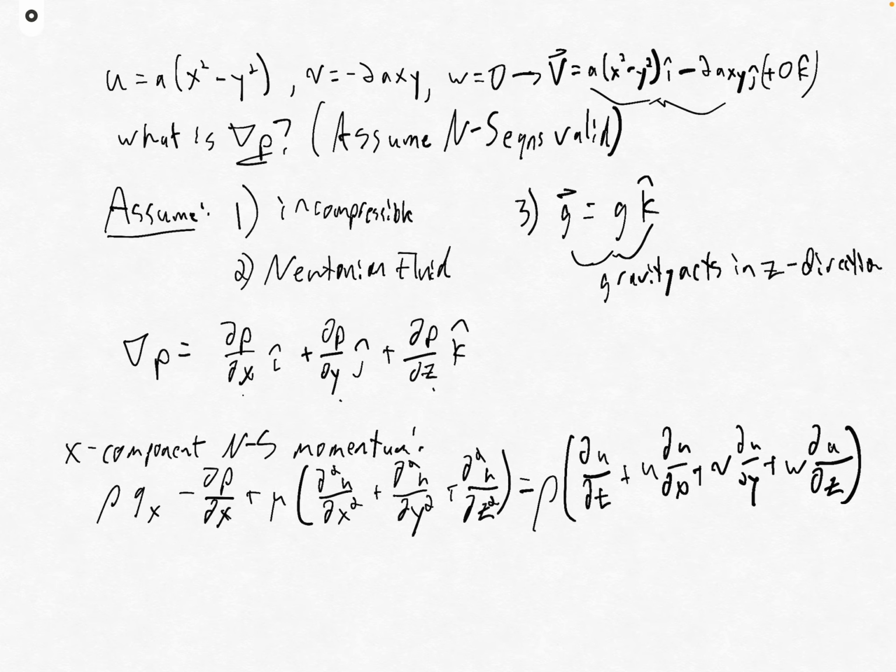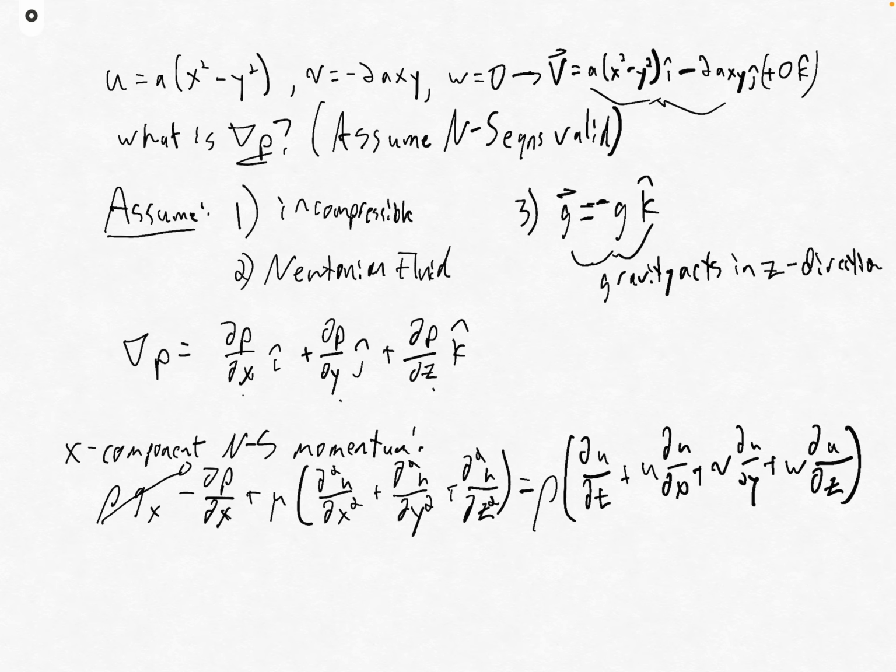And since it's normally in the negative z direction, we're going to say gravity is minus g times k. Okay, so if we look at this expression here, we see that the x component of the gravitational acceleration is 0. The dP/dx is one of the things we want to solve for.